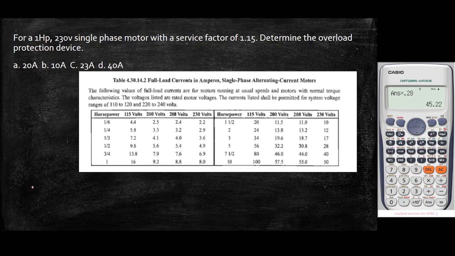So yung ating FLC or the full load current based on the table is 8.0 amperes. So to get now the setting of the overload, so yung service factor niya is 1.15. So this will be equal to 140% times 8.0 amperes kasi ito yung full load rating niya.